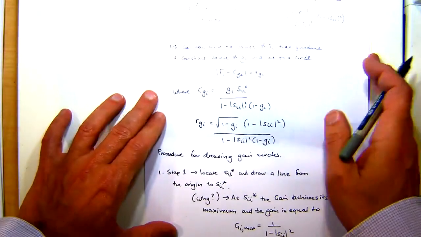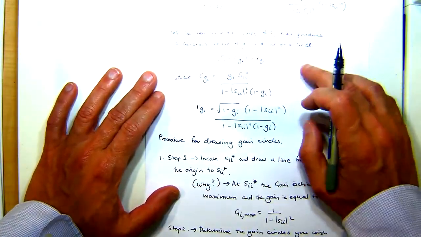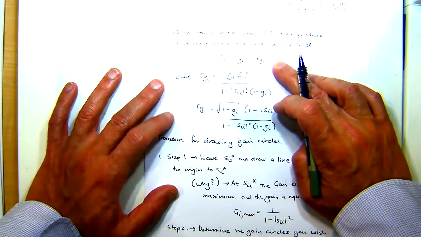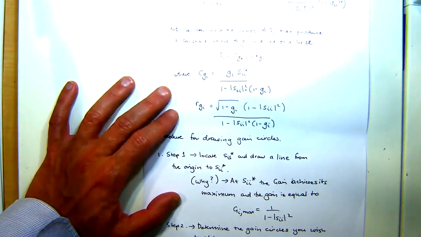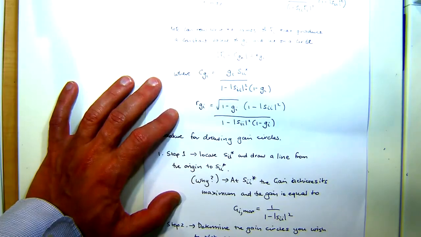Then what I've done is rewrite these in terms of essentially gain circles. Again, Poser does a fantastic job of doing the derivation.